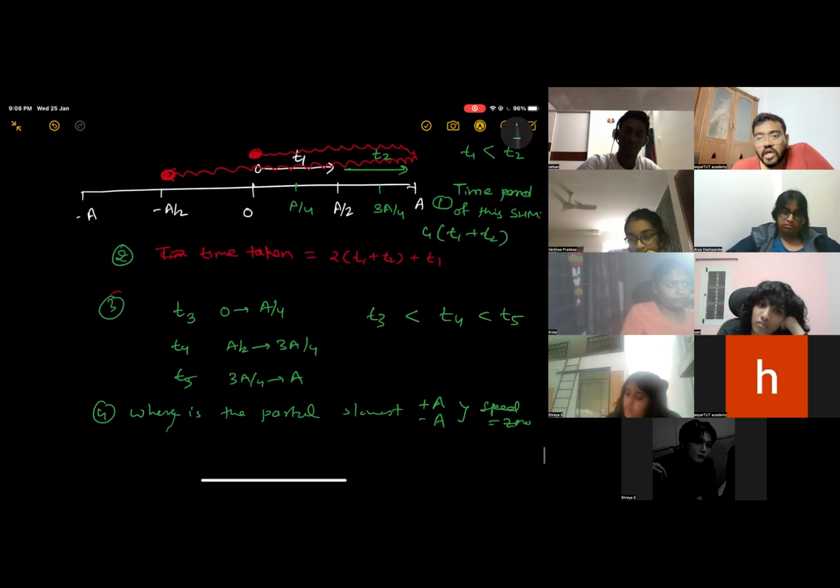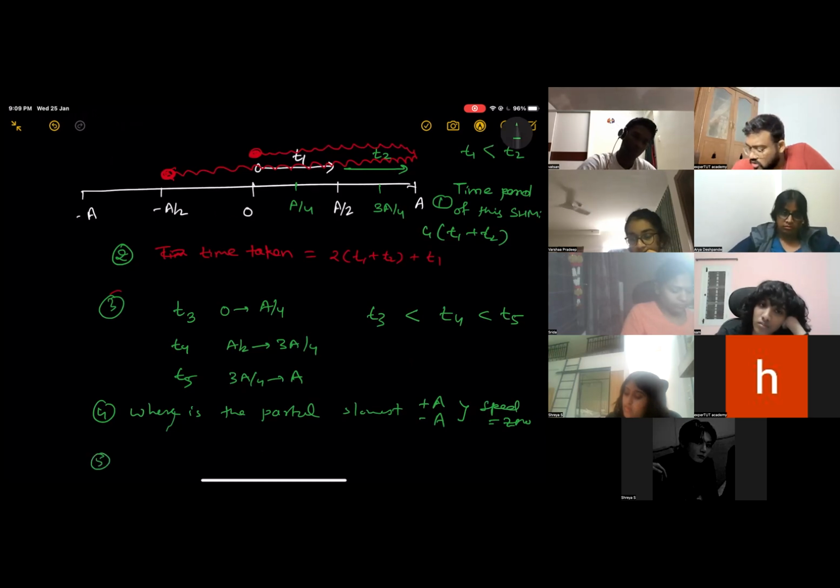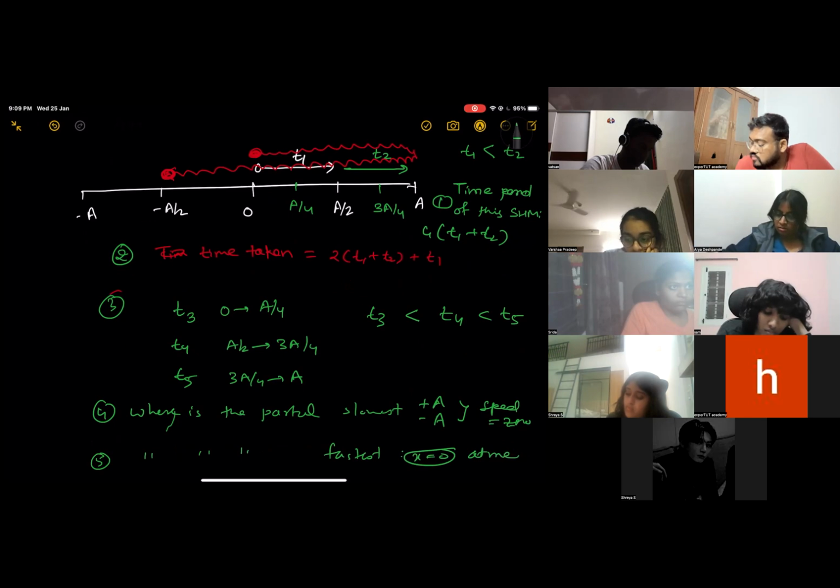Fifth. I hope you're writing everything. Okay. Fifth. Where is the particle fastest? At mean. And the mean is x equal to 0. At mean. ठीक है.